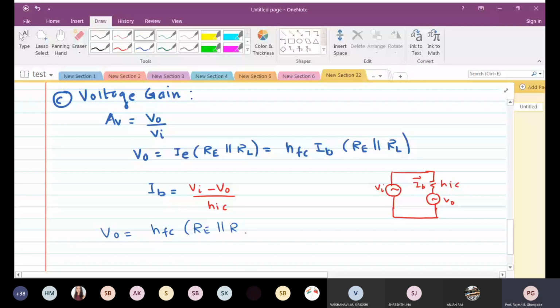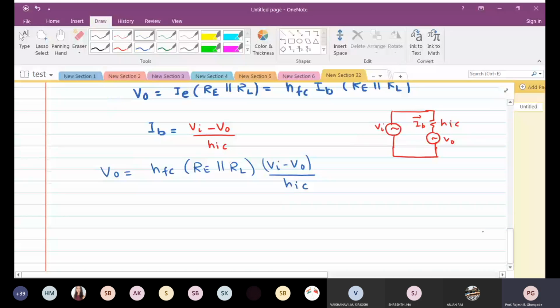Now IB I'm going to substitute from this equation as Vi minus Vo divided by HIC. All right. Now on both the sides of this equation, I have Vo and I have Vi. And now I can find out the ratio of Vo and Vi and finally get the gain.